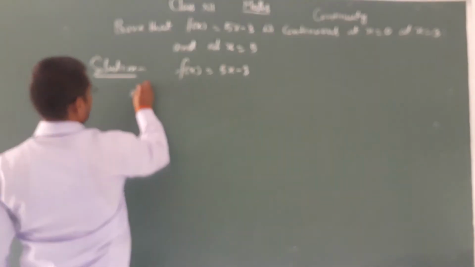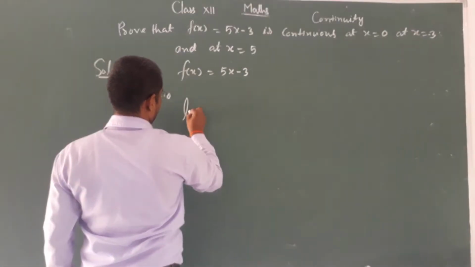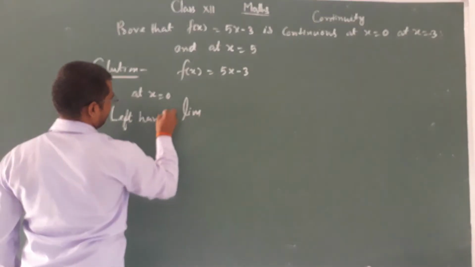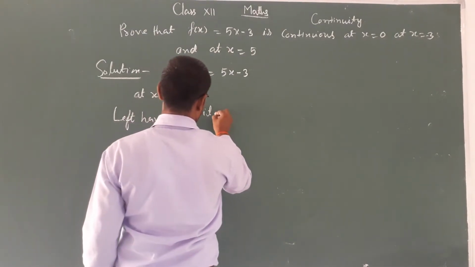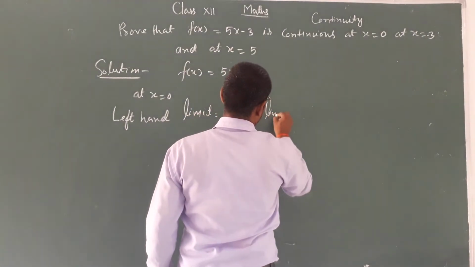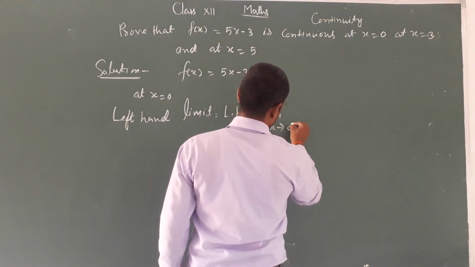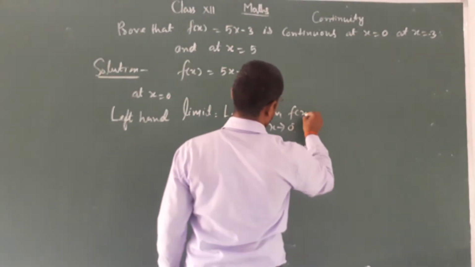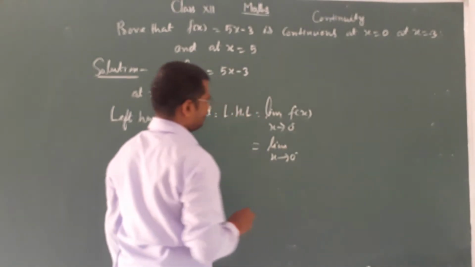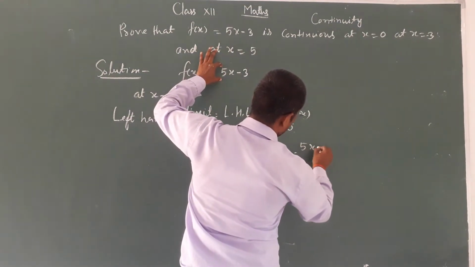At the point x equal to 0, first find the left hand limit: the limit as x tends to 0 from the left of f(x), where the function is 5x minus 3.